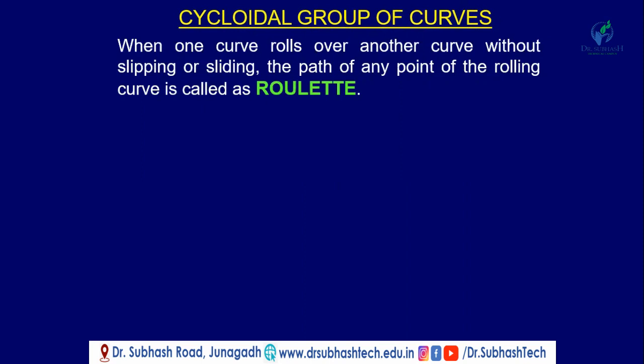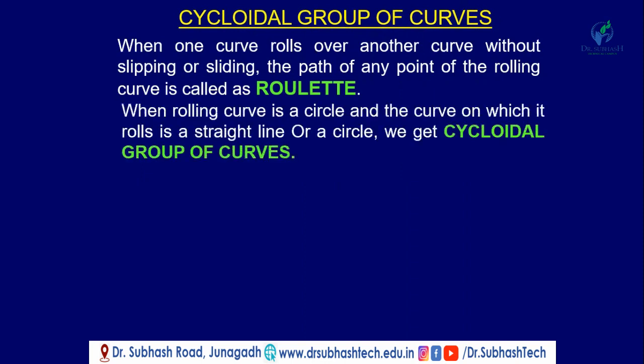In the cycloidal group of curves, when one curve rolls over another curve without slipping or sliding, the path of any point of the rolling curve is called a volute. So when the rolling curve is a circle and the curve on which it rolls is a straight line or a circle, we get a cycloidal group of curve.